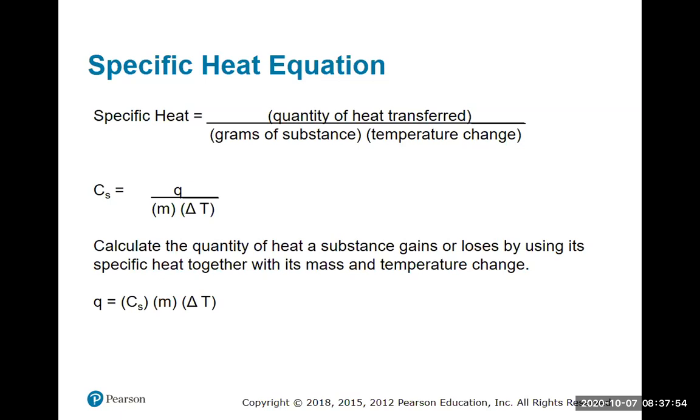The reason this last form of the equation is important is that for a lot of substances, the specific heat is known. There are books that have tables of those values, and you can look that up a lot of times. And you have mass, okay, you would weigh something and get the mass.